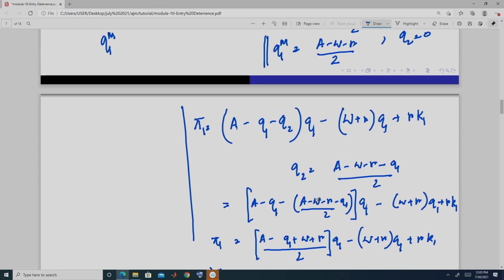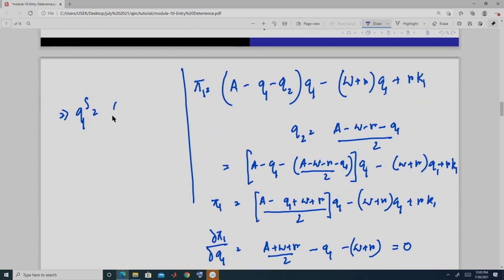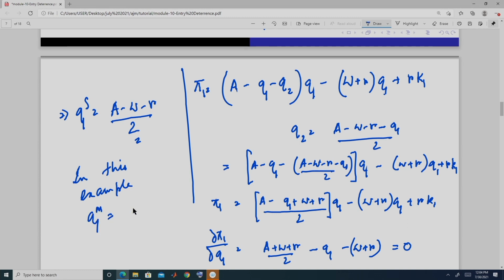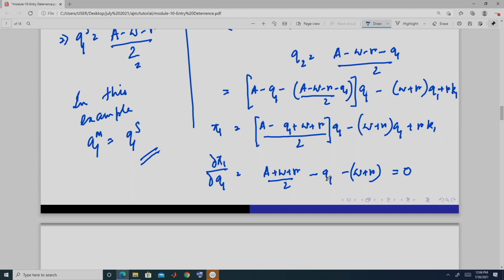So, from this we get, in this example, we get that Q1M is equal to Q1S. Okay. And we have got this.